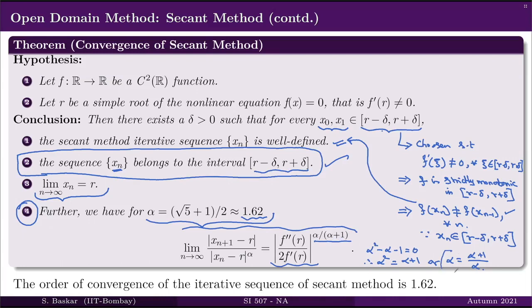That should not be a problem. And this completes the proof of the convergence theorem of the secant method. You can see that the secant method converges slightly faster than linear convergence, and its order of convergence is a fractional number, right?